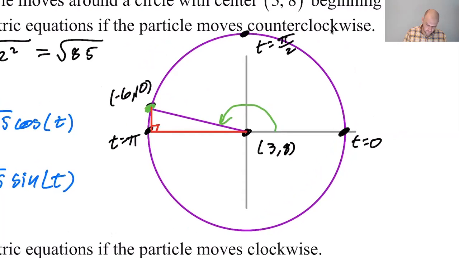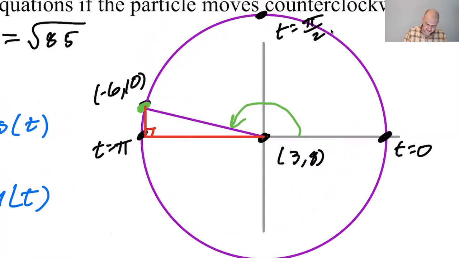What are the dimensions of this triangle? This distance right here is 9, because this is 3, and this is -6. So that's 9. And then this distance is going to be 2, because this is 8, and this is 10, and the distance between those is 2.